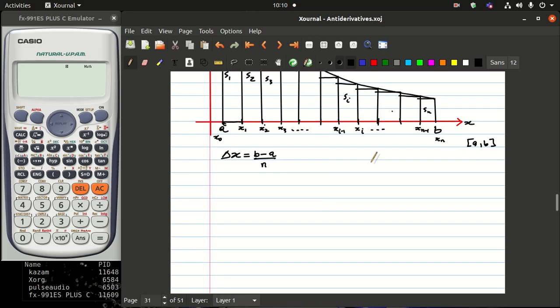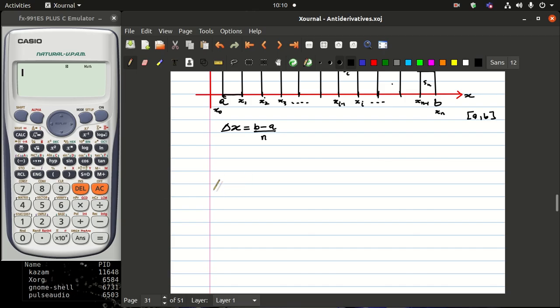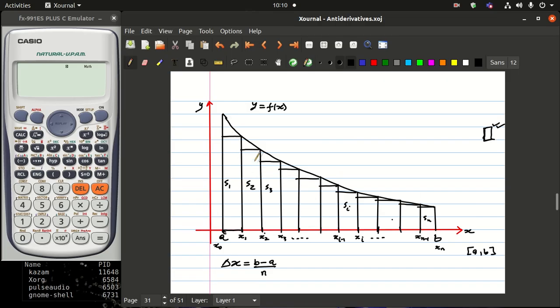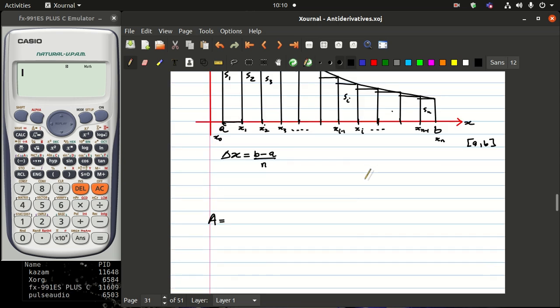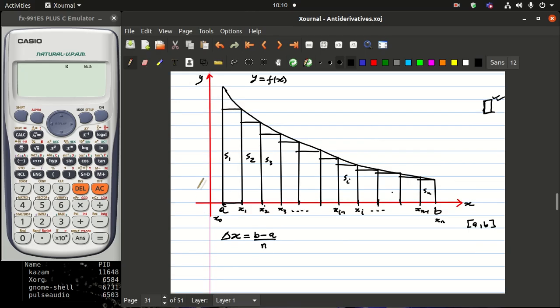So now, in order for us to approximate the area under the curve, look at this point here.